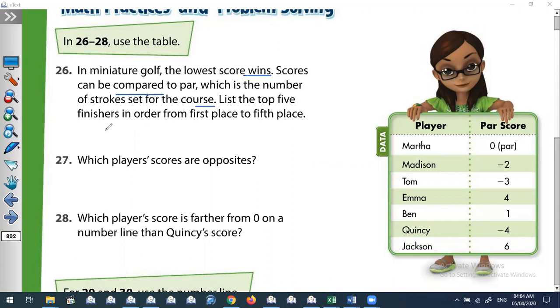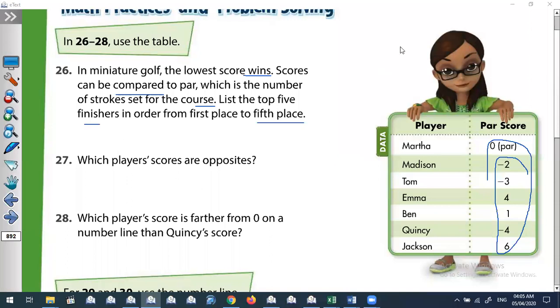List the top 5 finishers in order, first place to fifth place. Again, we need to order the values in this table from first place to fifth place.